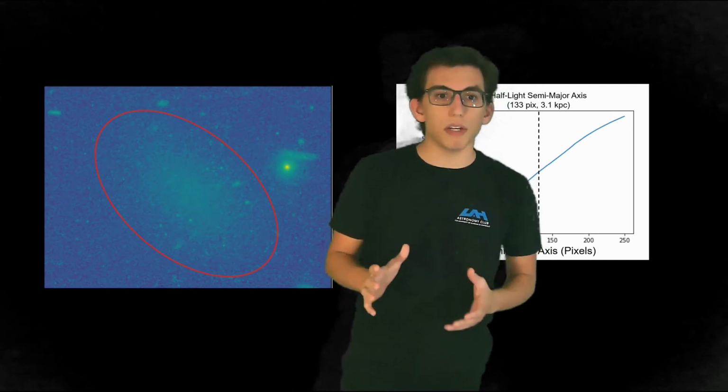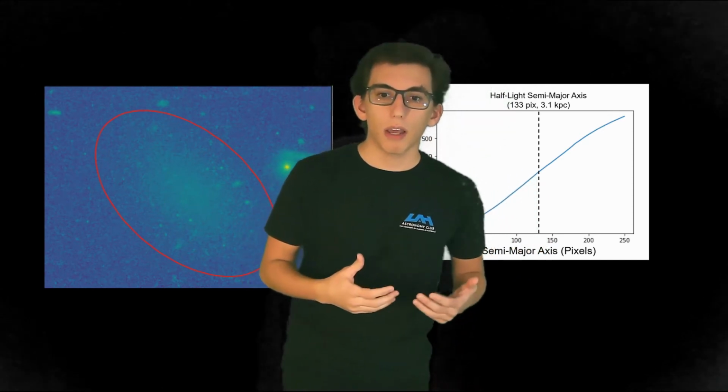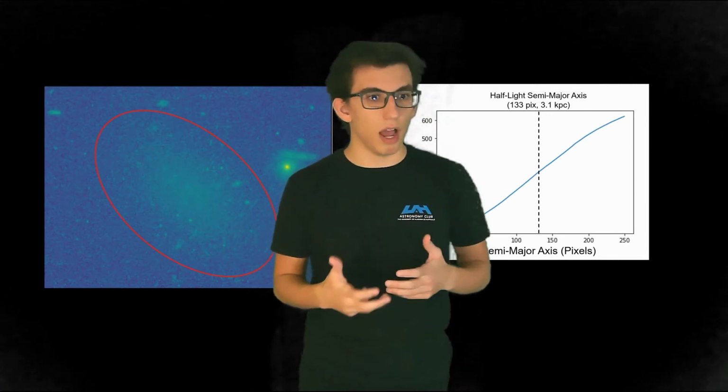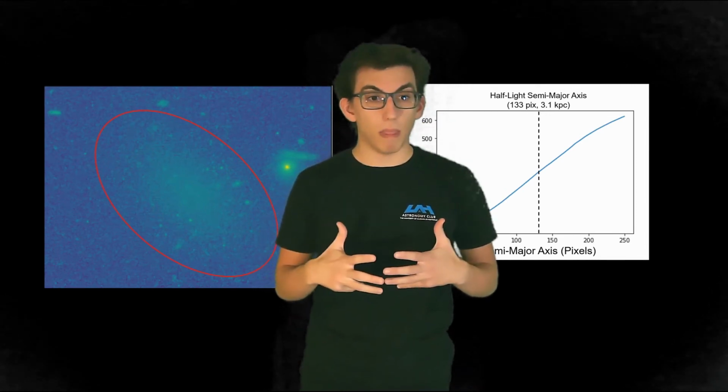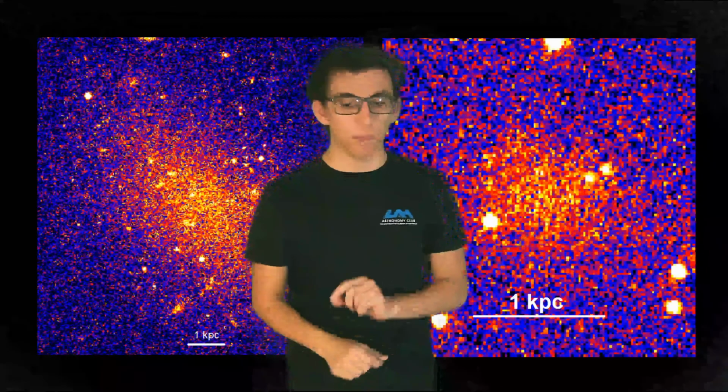Now, with these UDGs, we can start to better understand intracluster dynamics within these galaxy clusters. For example, the earlier image I showed you of this little dwarf galaxy is in the Coma cluster, where many, many other actual UDGs have been found, much, much larger than this one.